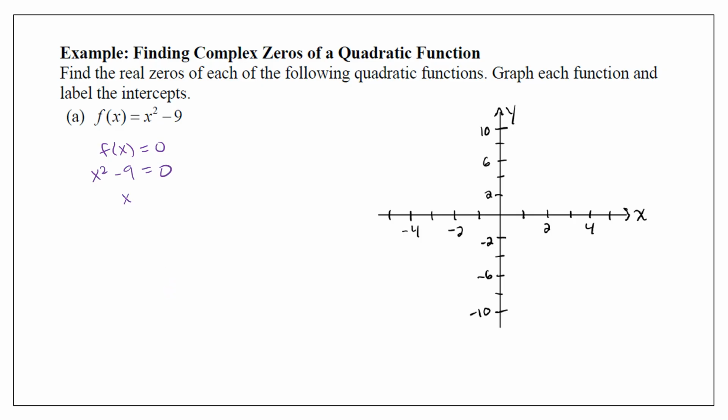So we'll add 9 to both sides. Then we'll take the square root of both sides. Then we'll simplify. And we get that x equals plus or minus 3, which is a real zero.